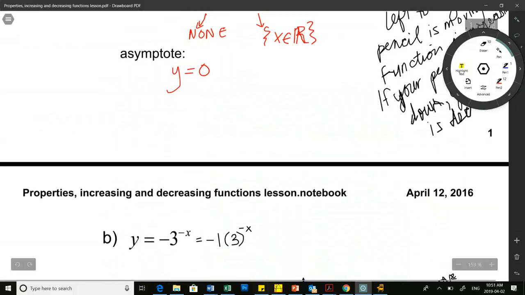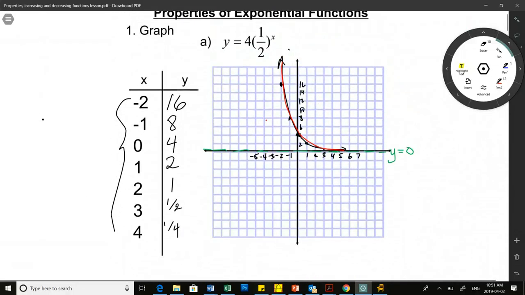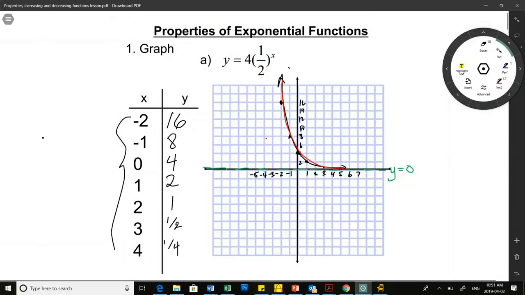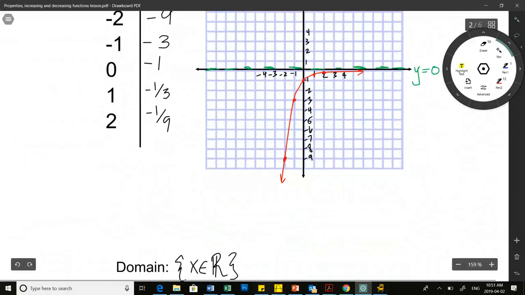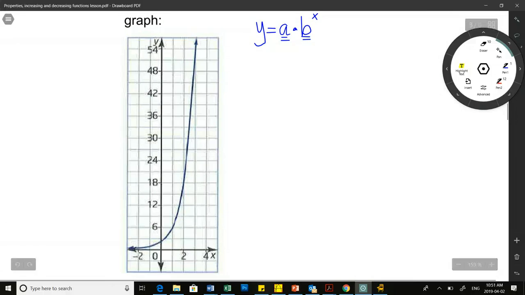Is that true for the first function as well? Does the y-intercept match that a value out front? Here the a value is 4. Is the y-intercept 4? Yes, it is. So as long as there's no other transformations, my a value should actually be my y-intercept. And my b value is kind of like what's happening to my y's, like it's a constant multiple.